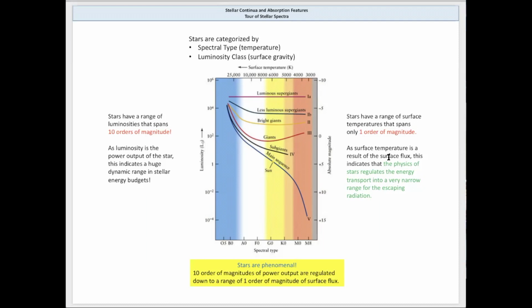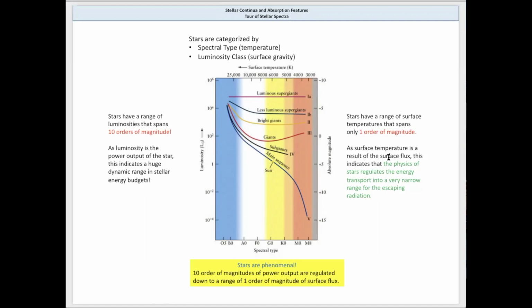It's just that because it has such a high sensitivity to temperature, temperature has a narrow range dynamically from the low mass to the high mass stars. So I'm just trying to get you to think about this backwards and understand why temperature doesn't have that large of a range on the HR diagram, even though luminosity has a 10 billion dynamic range.